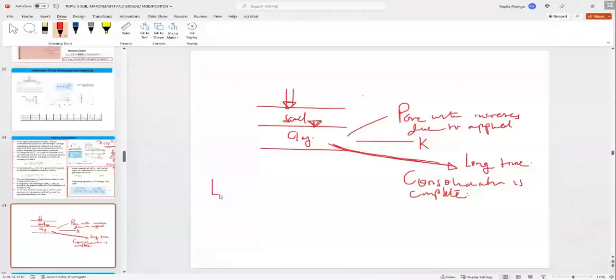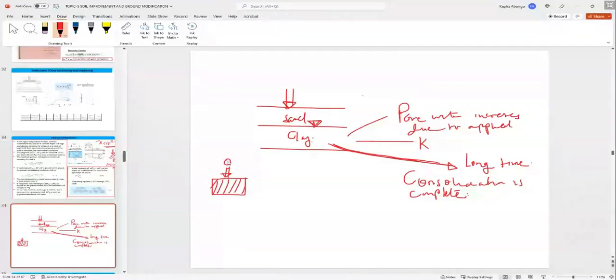The odometer test: you prepare a saturated sample and load it with a particular load.